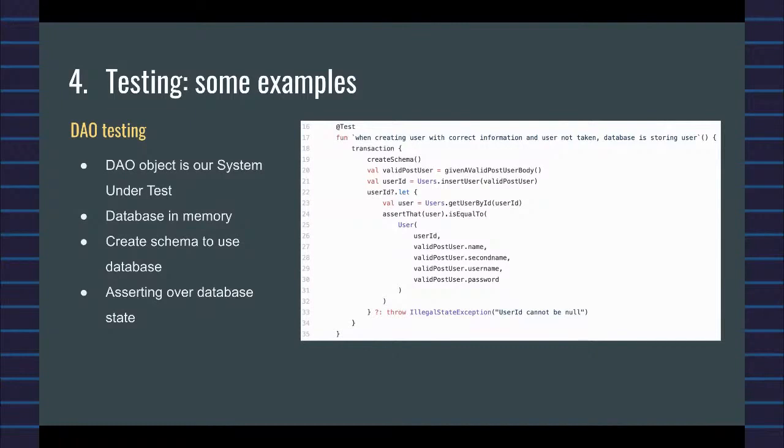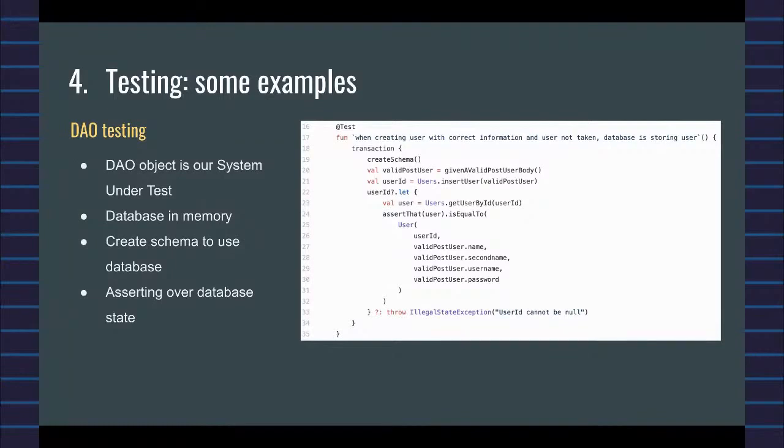We create the schema. Normally, when you are testing your systems, you need to recreate the environment. So you create the database, and then you need to create the different tables that you're going to use in your tests. So this is what create the schema is doing. It puts all the user table inside the database, and in case you need to inject some fixtures, you also can do it in there.